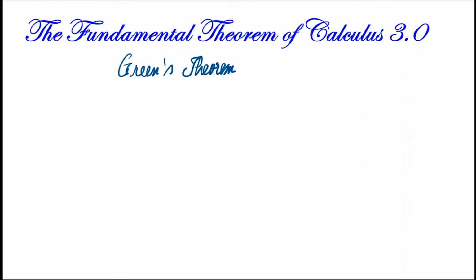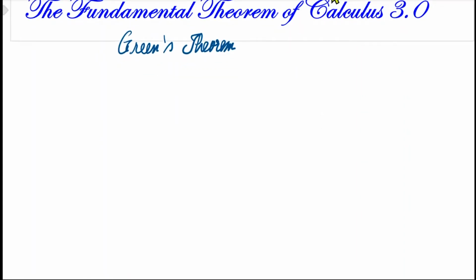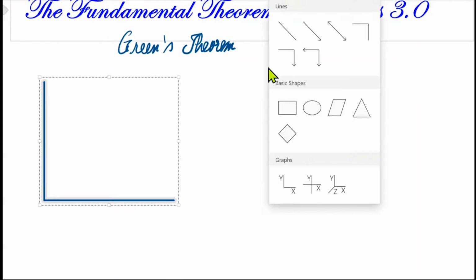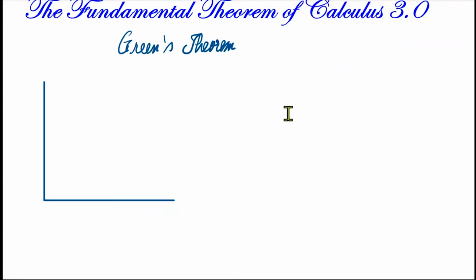Now I'm going to draw the picture for you. This is Green's theorem in 2D coordinates. I could have a 3D version of it, which in this book is also called Stokes' theorem. It's technically the same thing, but not really.